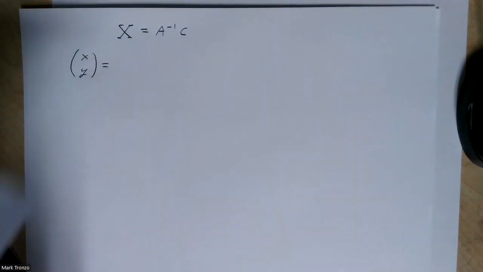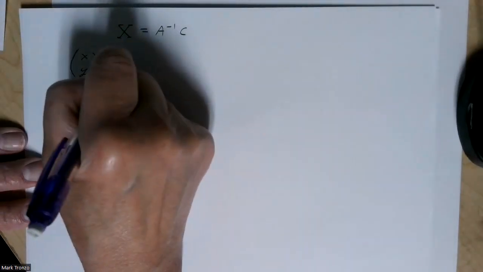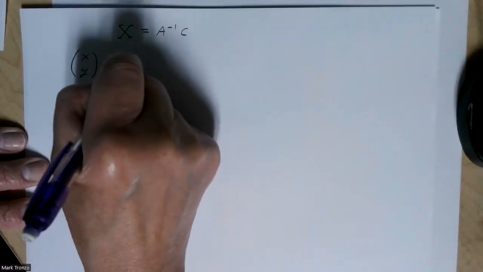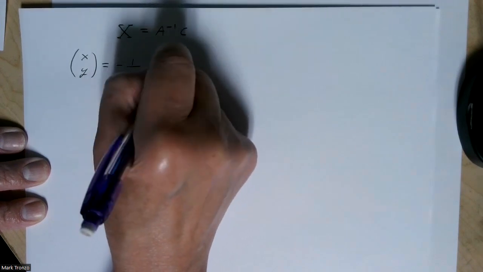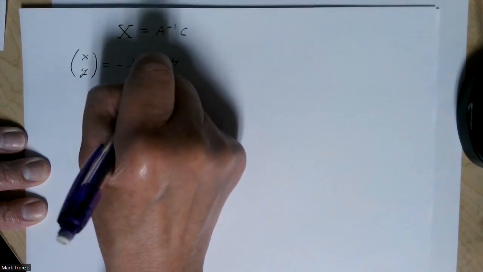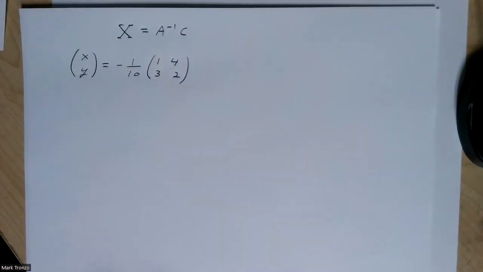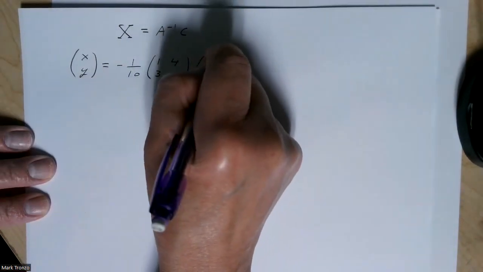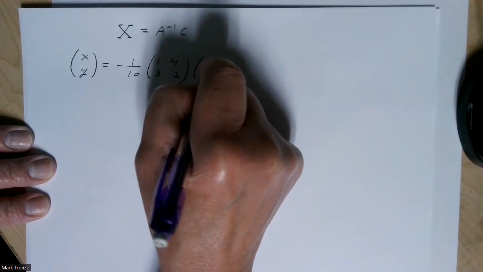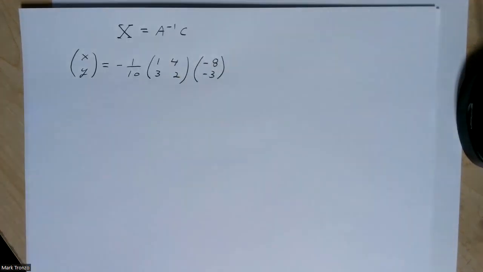And A inverse we found was minus 1 over 10 times 1, 4, 3, 2. That was A inverse. And C was 1, minus 8, minus 3, like this.